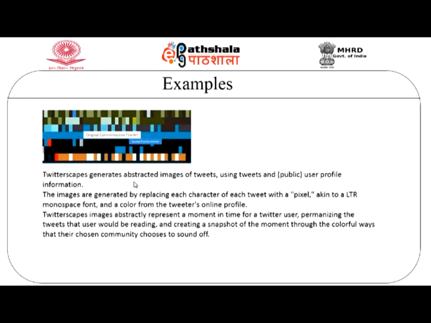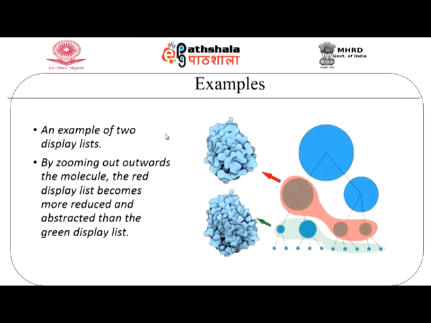These Twitterscape images try to abstractly represent a moment in time for a Twitter user, permanizing the tweets that the user would be reading and creating a snapshot of the moment through the colorful ways that their chosen community chooses to sound off. So have a look at this Twitterscape, which looks like an image.